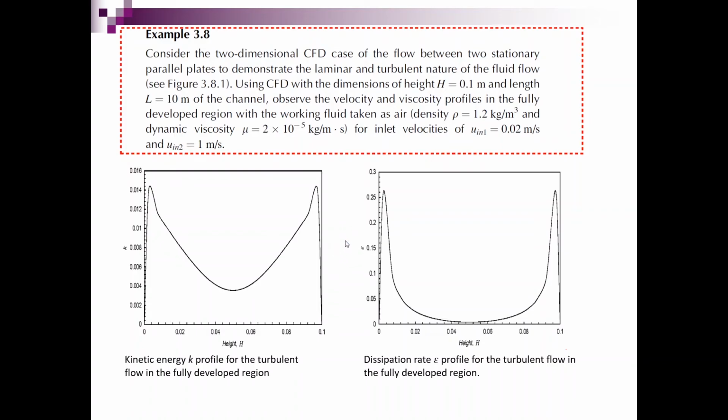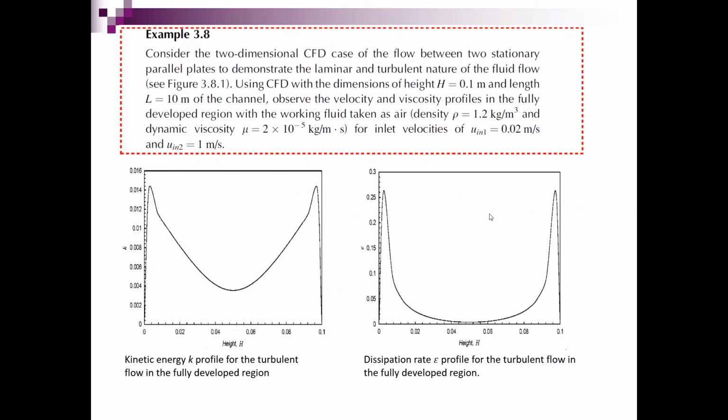Meanwhile, the one on the right shows the dissipation rate, epsilon profile, for the turbulent flow, and the dissipation of this kinetic energy converts energy from the form of kinetic energy into heat. So although the kinetic energy here is high, the rate of dissipation here is very high at the same time.